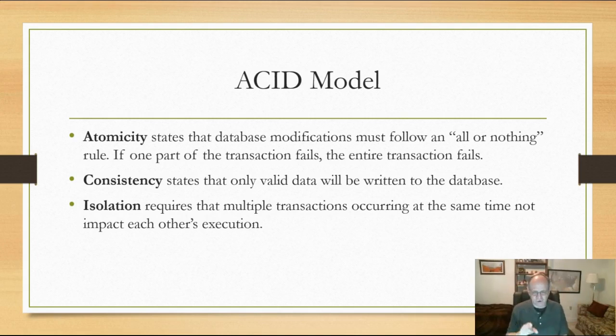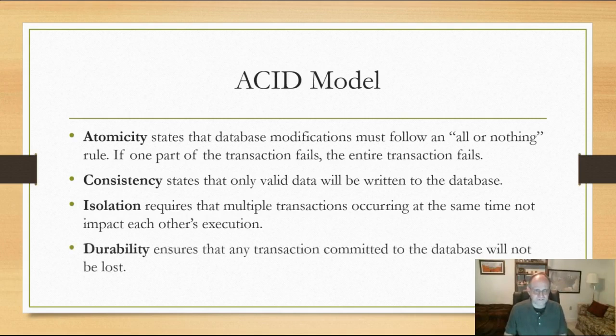In other words, we're going to single thread these things in a sense, so the first transaction goes through, and then the second one goes through. We don't determine which one goes first or second, but both transactions will be executed independent of each other.